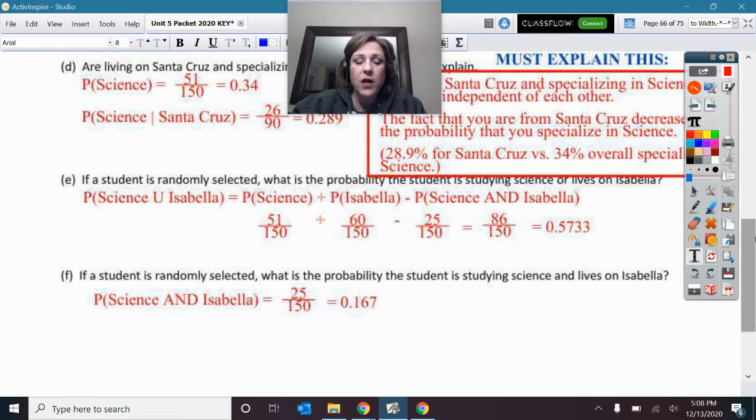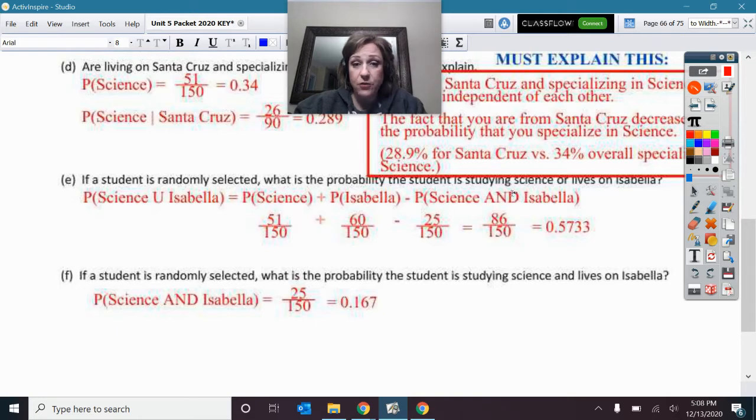All right. Now, there are several different ways you can do this problem. You could just count some separate pieces in the table, but I did it with the formula. It said studying science or living in Isabella. That's one that is on our formula chart. Science or Isabella was the overall science plus the overall Isabella minus the overlap.